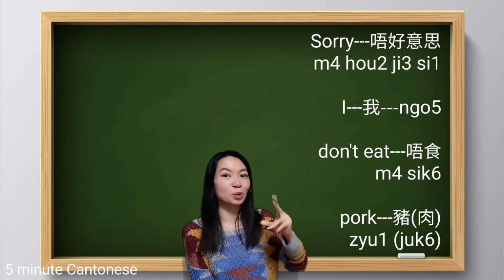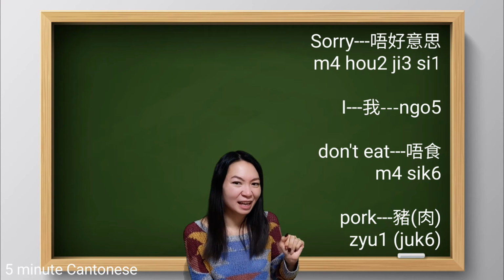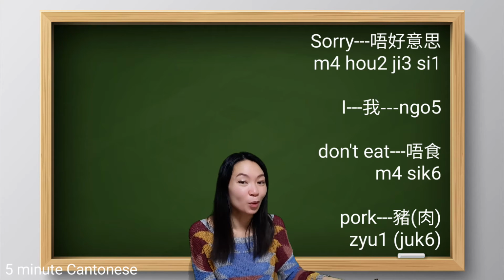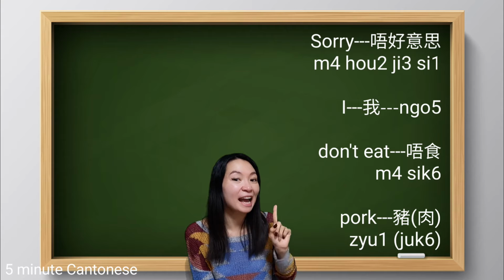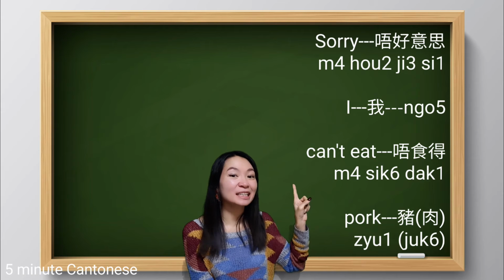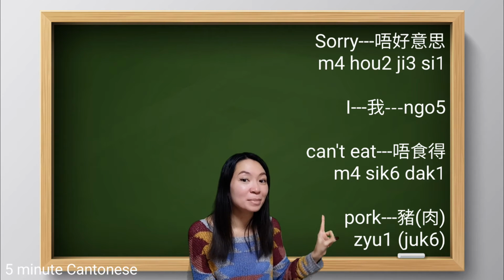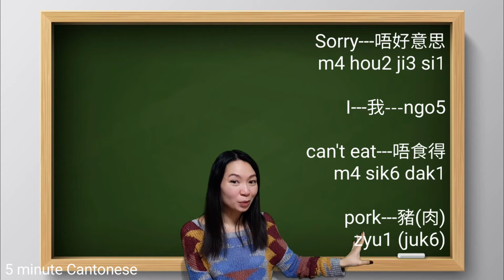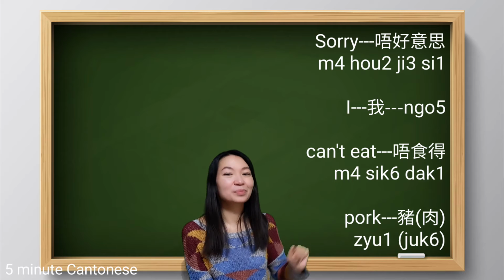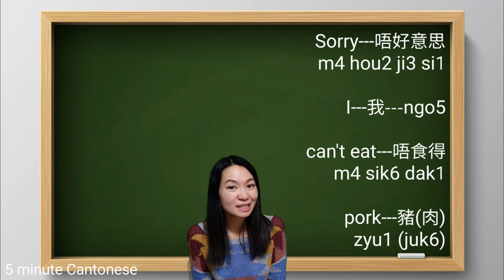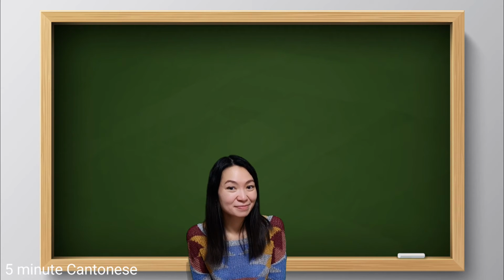Because I don't eat might mean you just don't like it. Now, for example, you're Muslim, you really cannot eat pork. So let's make it stronger by adding this word, 得. 唔好意思，我唔食得豬肉，豬肉。唔好意思，我唔食得豬肉。Or 唔好意思，我唔食得豬。And then you choose another one.